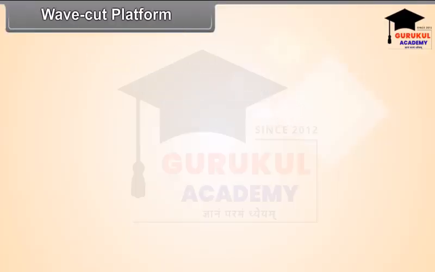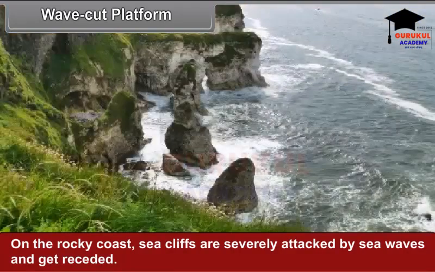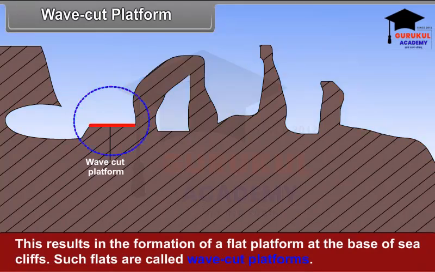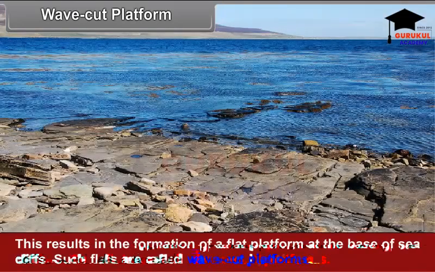Number 3. Wave-cut platform. On the rocky coast, sea cliffs are severely attacked by sea waves and get receded. This results in the formation of a flat platform at the base of sea cliffs. Such flats are called wave-cut platforms.